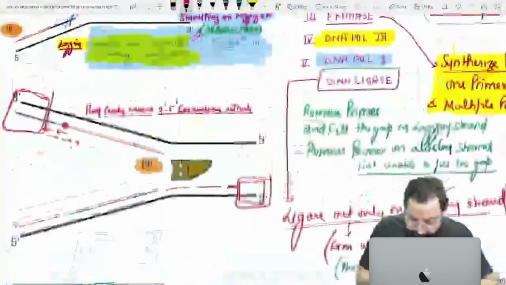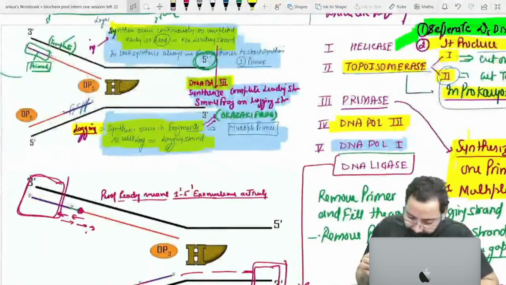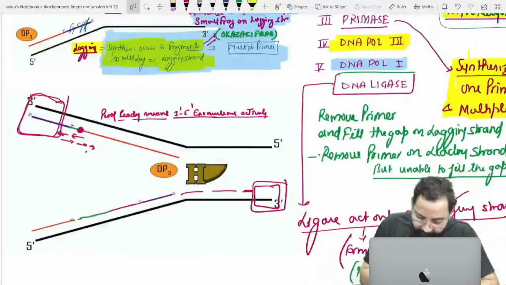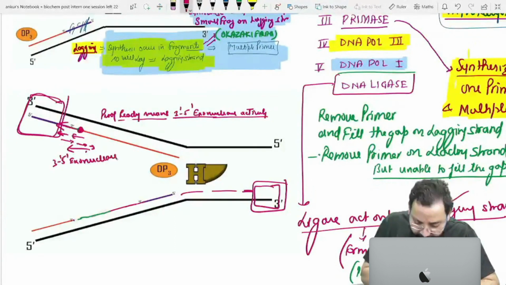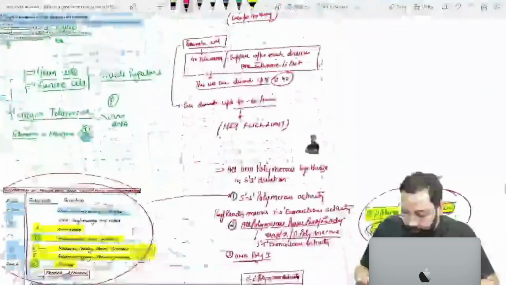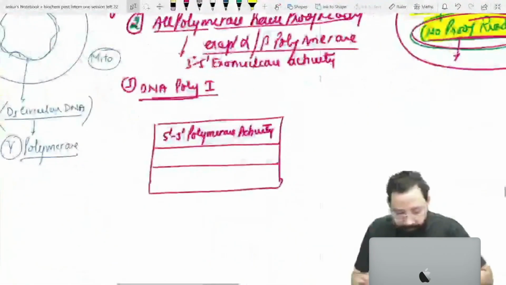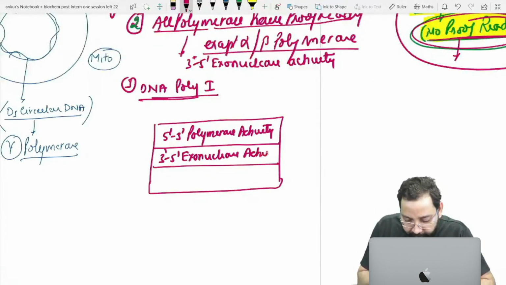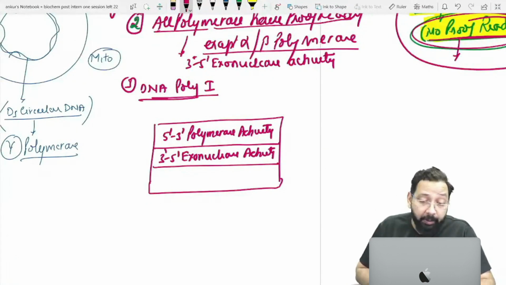I told you, proofreading means 3 to 5 exonuclease activity. And one more activity is also present in DNA polymerase 1.